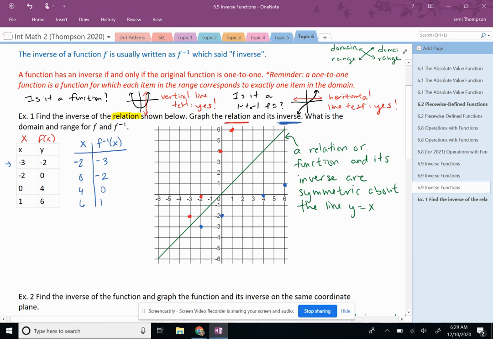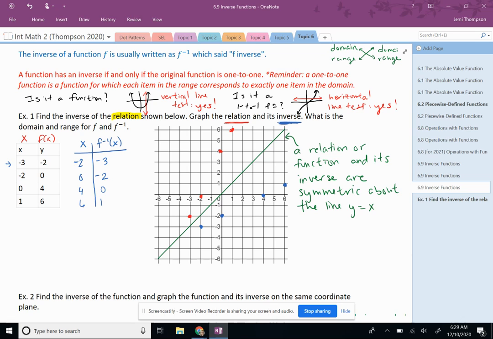So what does that mean? If we were together in person, we would be doing this on tracing paper so you could see it. On the screen, it's a little bit more difficult to visualize, but feel free to grab a paper and plot these points and manipulate it with your hands.